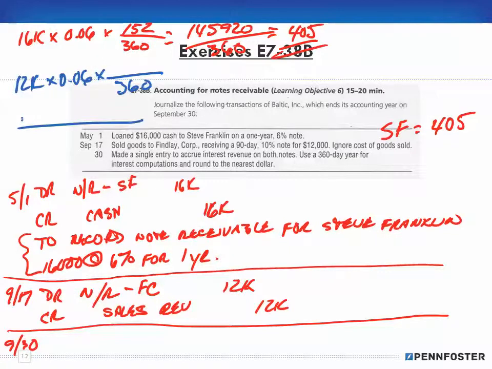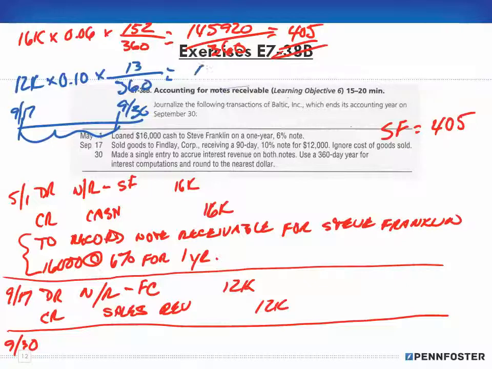But how many days are we looking at? We're looking at 9/17 to 9/30. So the number of days during that period of time is 13 days, and it's not 6%, it's 10%. So it's 0.10.